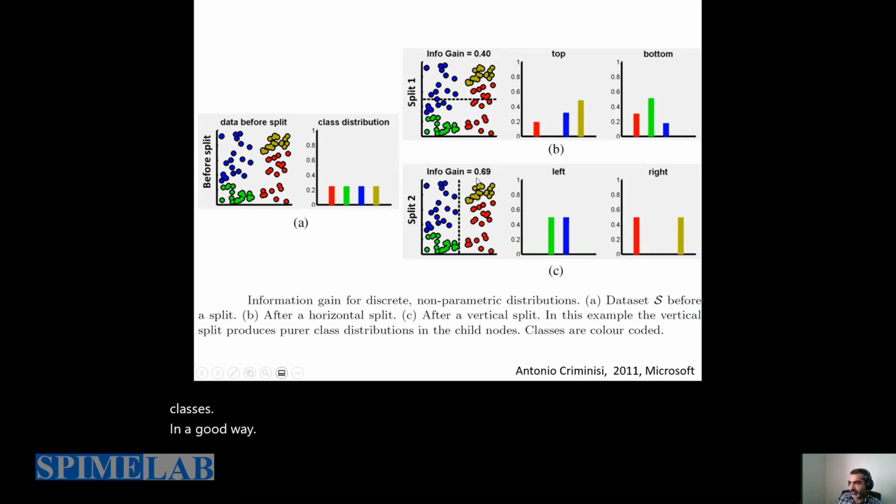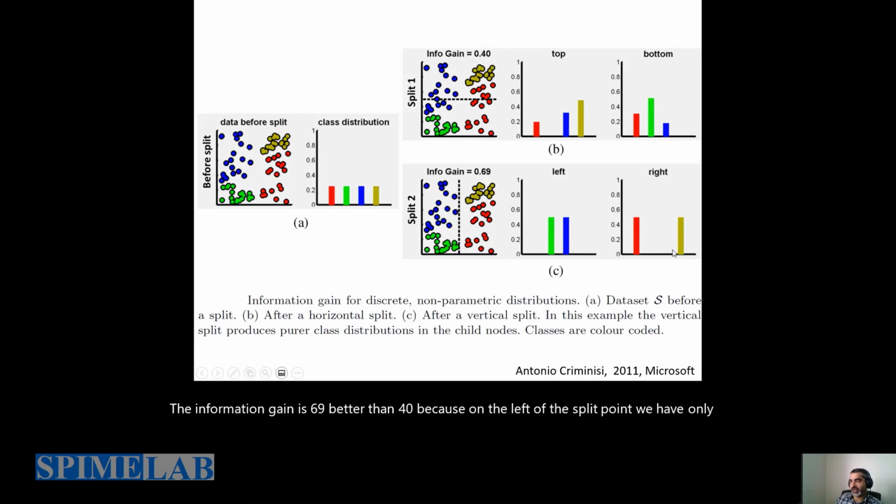Now the information gain is 0.69, better than 0.40, because on the left of the split point we have only two classes, and on the right we have the other two classes. So this decision point is solving half the problem. That's why the information gain is higher.